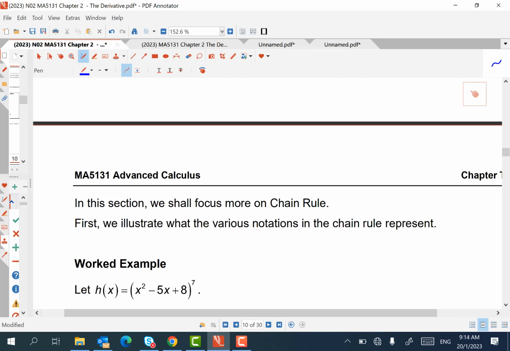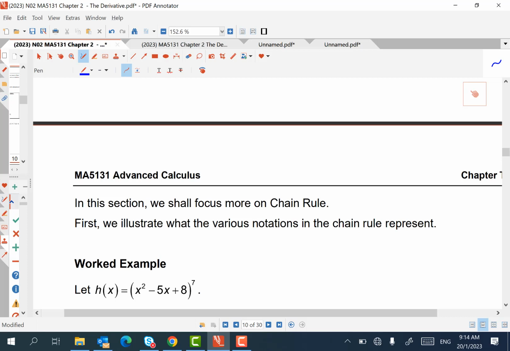Brendan, how do you differentiate this? Do you differentiate the inside as well, right? Yeah. So there's actually the chain rule.